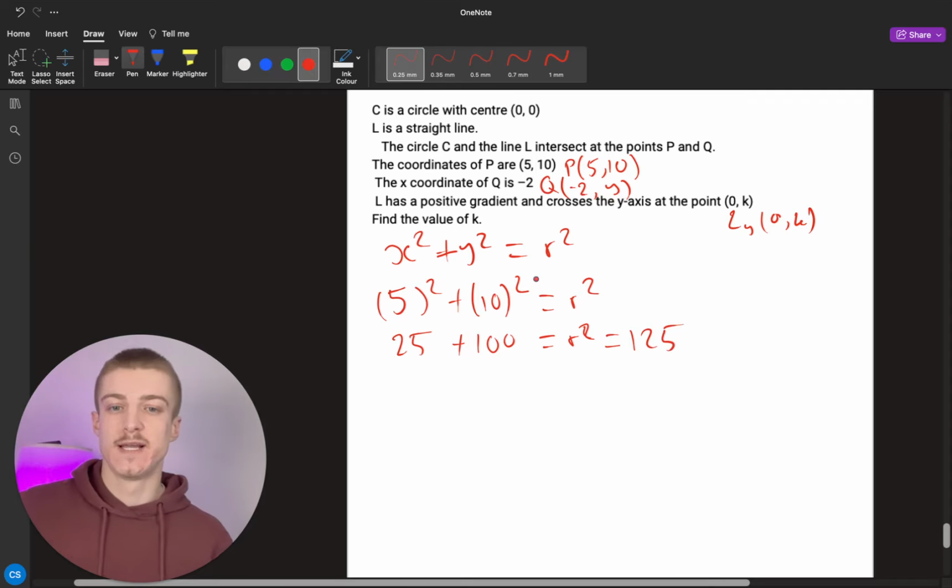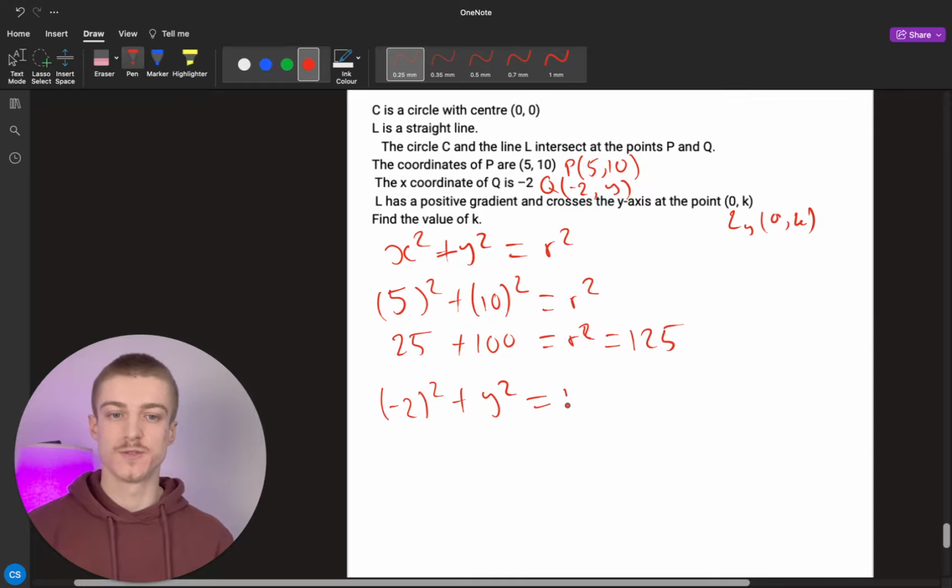Okay. Now we could work out the gradient of the line L because we have two points, both the x and y values. We have two points that this line crosses. So let's do that up here, do it in blue. The equation for a gradient is the change in y over the change in x.